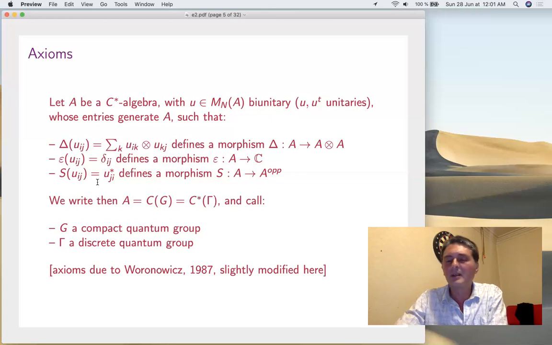Woronowicz did things with S squared more arbitrary, and here we won't be interested in this, for a number of reasons, and among them is that Woronowicz was working in '87 at the time. It was very interesting. The main examples of quantum groups were like this, with S squared different from the identity. 30 years have passed and water has flown through rivers on Earth since, and many examples have been constructed in this setting of ours, where S squared equals the identity.